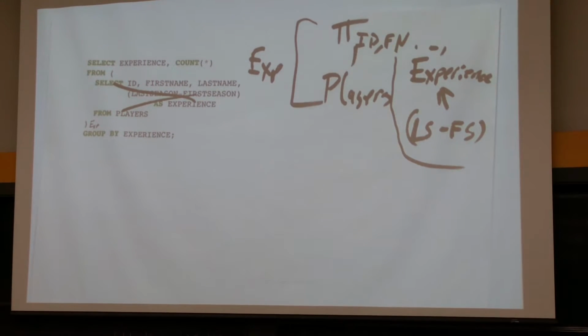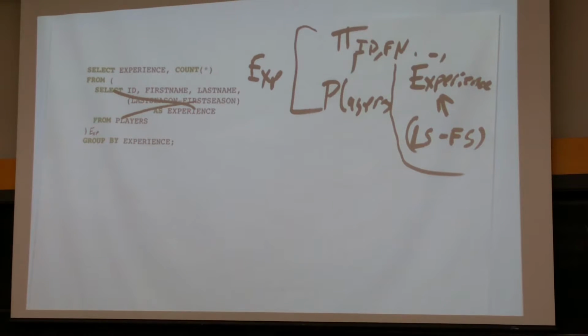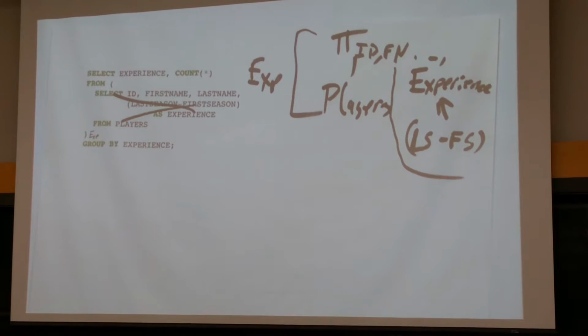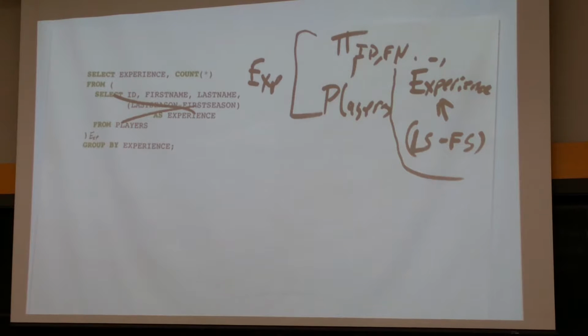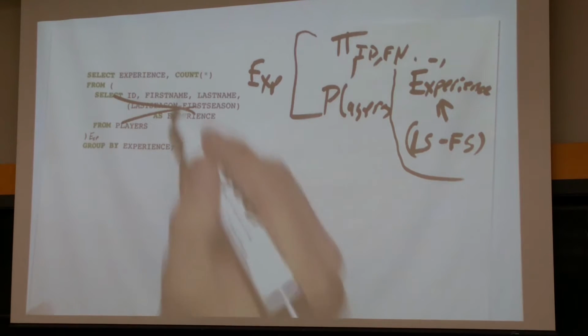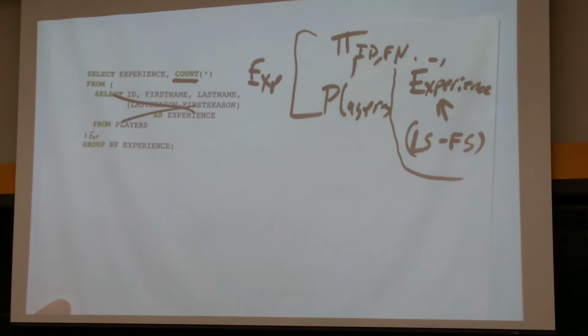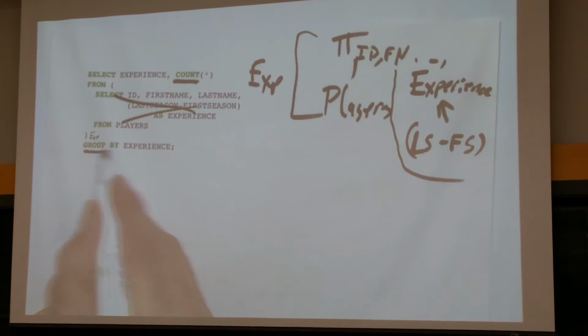Now, the outer query has two markers that indicate that it is an aggregate query. The first one, there's an aggregate function, count, and the second one, there's a group by column.